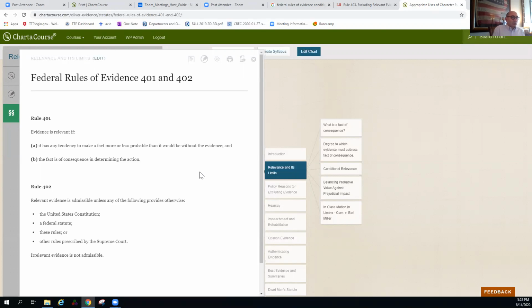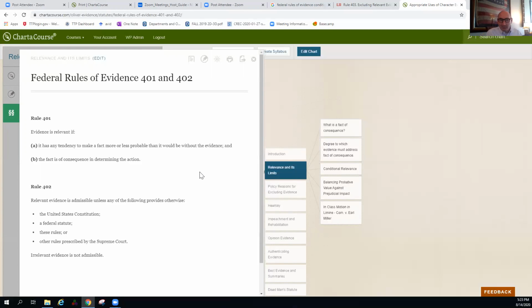And then 402 says something that's fairly obvious, but it's worth observing. 402 says that relevant evidence is admissible unless any of the other provisions of either the U.S. Constitution, a federal statute, these rules, or other rules provided by the U.S. Supreme Court make the evidence inadmissible.